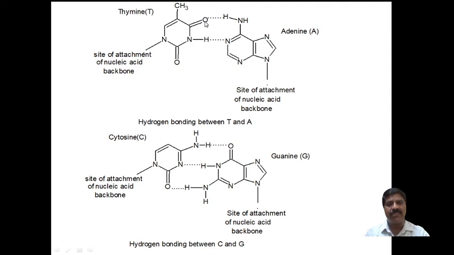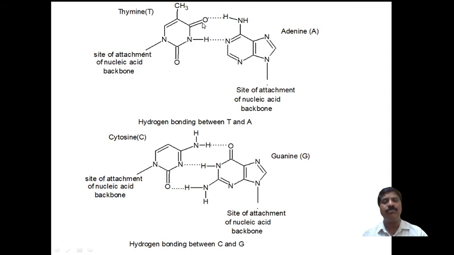Therefore, one hydrogen bond will be formed. Similarly, an oxygen atom will be there, and here a hydrogen atom, which is already attached to the more electronegative nitrogen atom, and the bond will be formed. Hydrogen bond means the hydrogen already attached to a more electronegative atom participates in bond formation with another more electronegative atom.